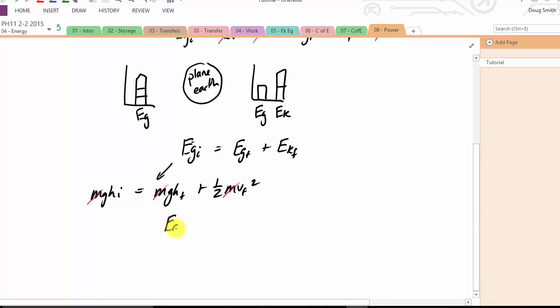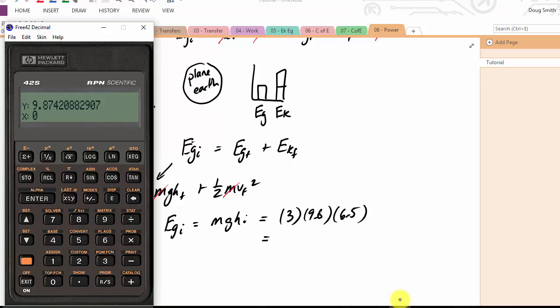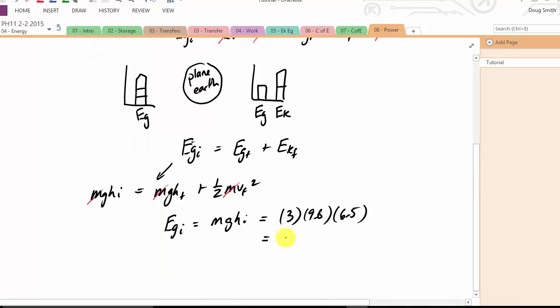So gravitational energy initial is mgh_i. That's 3 kilograms, 9.8 meters per second squared, 6.5 meters. I get 191.1 joules.